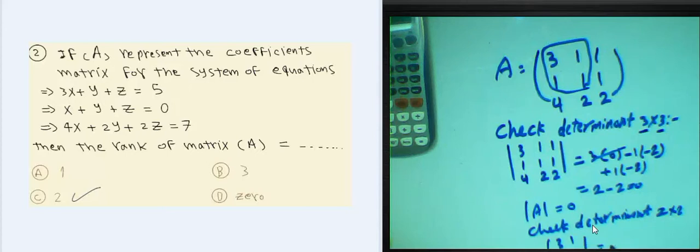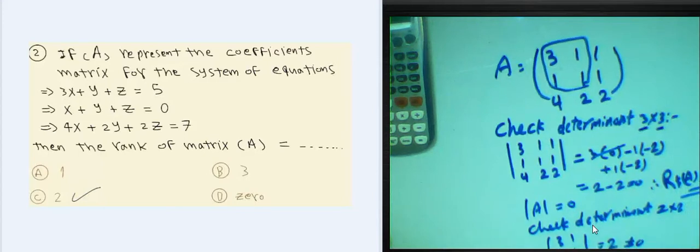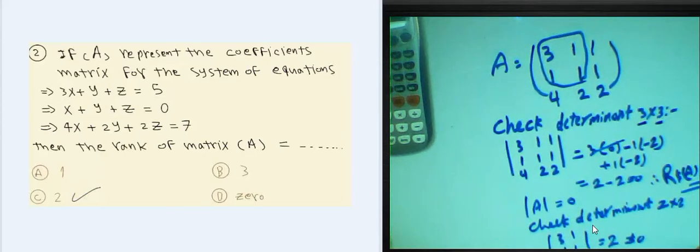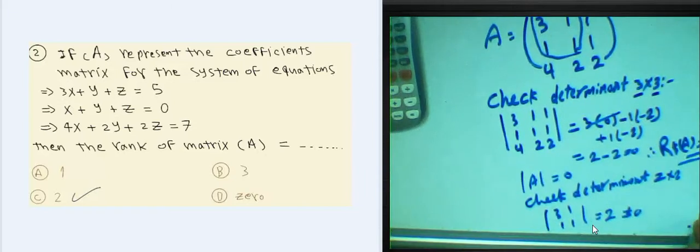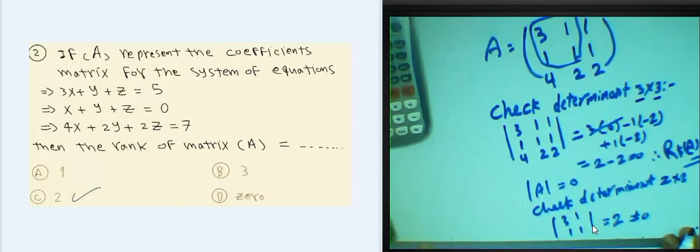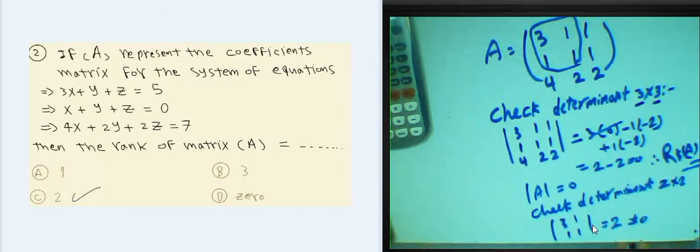It will not be equal to 0: 3 minus 1 equals 2, not equal to 0. Then the rank of matrix A will be equal to 2, because the 2 by 2 determinant equals a number not equal to 0.